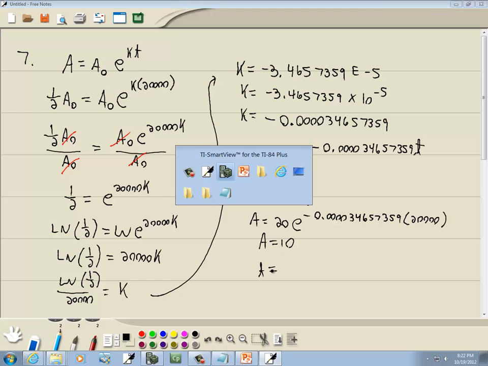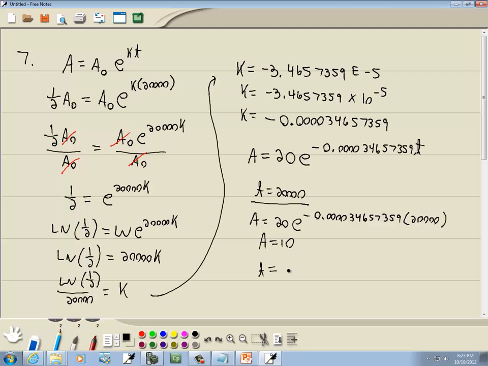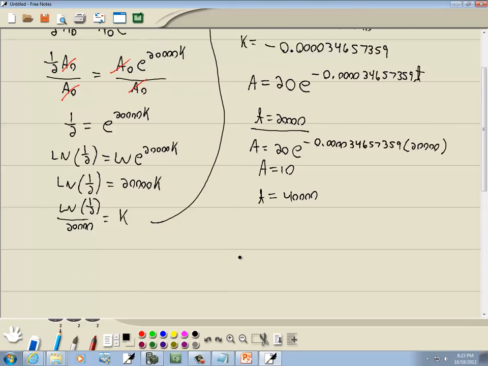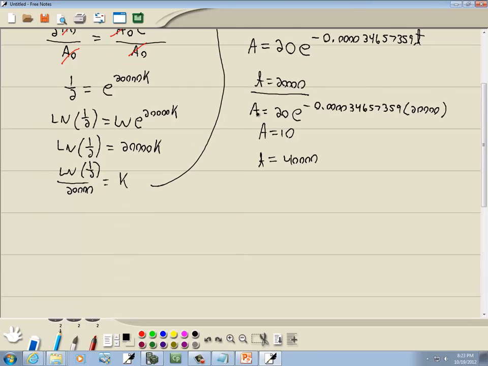Now they also want us to plug in after 40,000 years. So in this formula I'm just going to replace the T with 40,000. So I have A is equal to 20 e to the negative 0.000034657359 times 40,000.